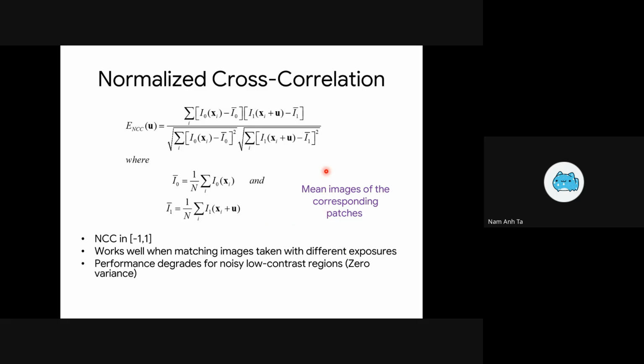So in practice, we often add a small epsilon value, plus epsilon right here, to keep the denominator from reaching zero, and the system becomes much more stable. We need to add a small epsilon to prevent this divide by zero error.